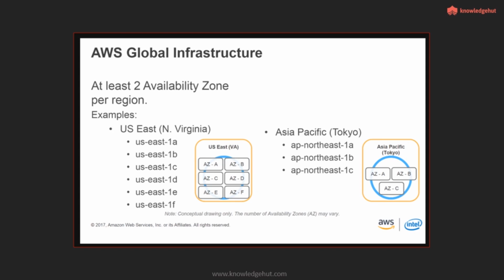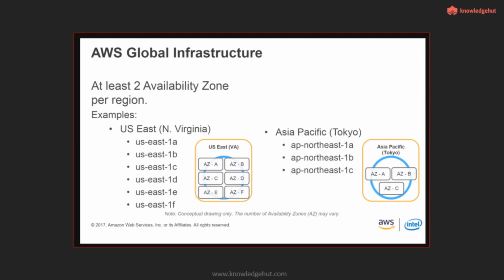But the biggest point here is, every region has multiple availability zones, at a minimum two. As you can see, in US East, North Virginia region, you have 6 different availability zones, Tokyo has 3, India or Mumbai currently has 2. That doesn't mean 2 buildings or 2 data centers. It is again spread across.